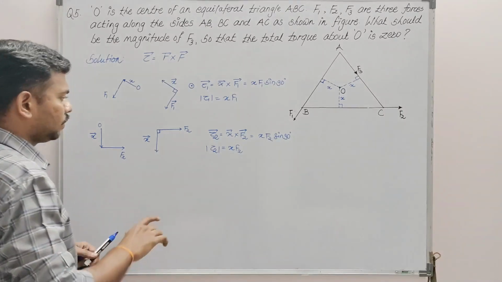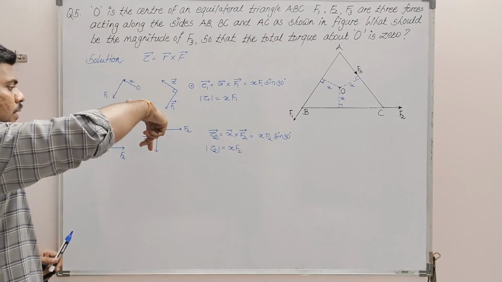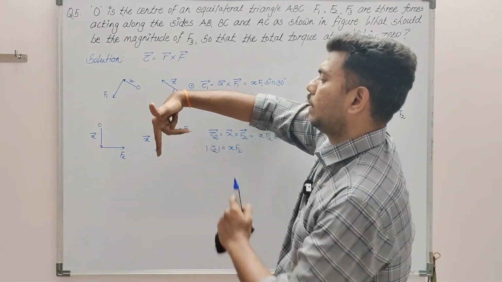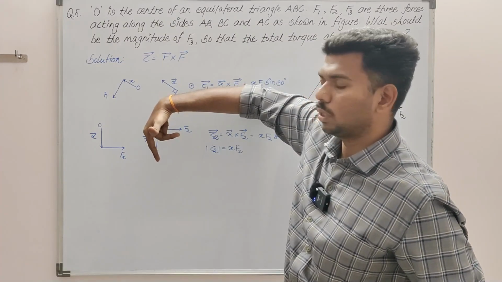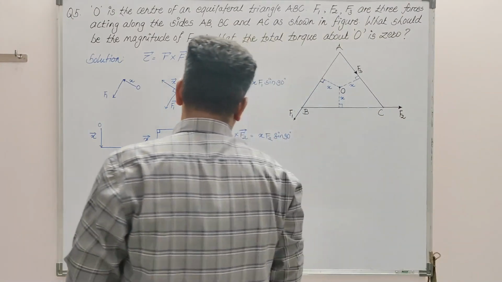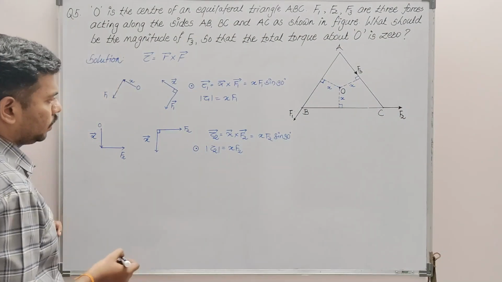The direction is simply found by using the right hand thumb rule. In this case X is somewhat downside, and the force is coming in this way. So the direction of torque is coming out from the plane. So again, torque 2 is directed coming out from the plane.